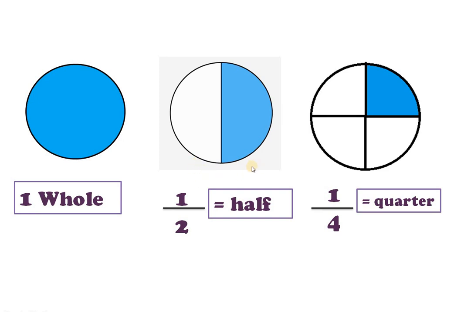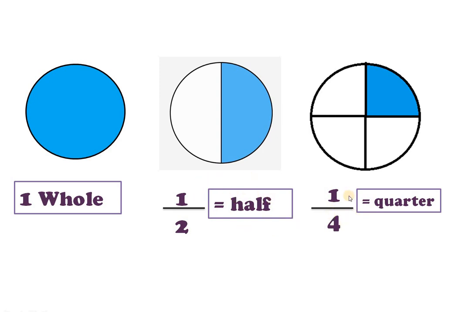It's divided into 2 parts, and one of the parts is colored blue. So the number in the bottom should be 2, and the shaded part is 1 part, so 1 over 2 or half.